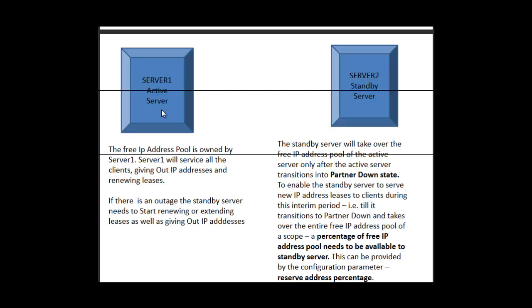But if there happens to be an outage, then that role will be switched over to server 2, which is the standby server. And the standby server then will take over the address pool, but only after the active server transitions into what we call partner down state.